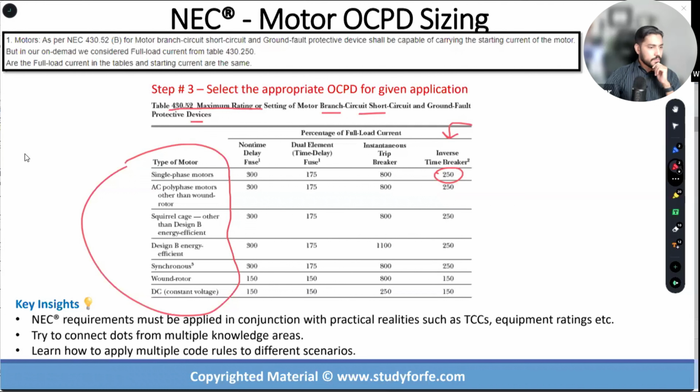250% of the motor FLC. Where do we pick the motor FLCs from? Quickly, this should be fresh in your mind. Which table? Hit me up with the table number, guys. Again, you don't have to memorize it. You'll have the code accessible to you on the exam. But when you're going through the content, and especially using that spreadsheet that I've put together containing all the references, 430.250, right? 430.250 is the go-to table.